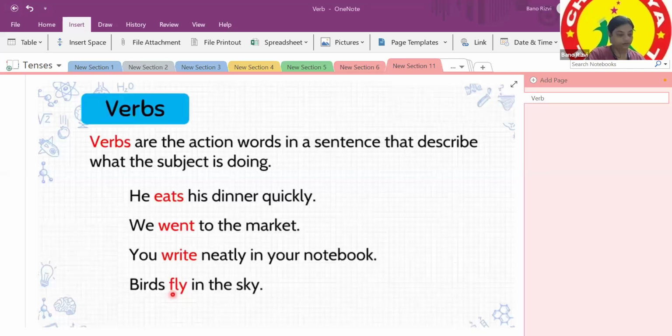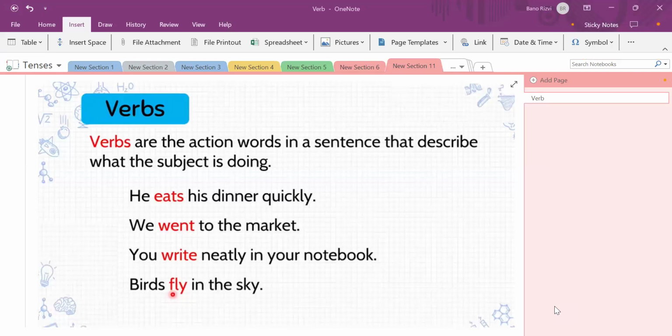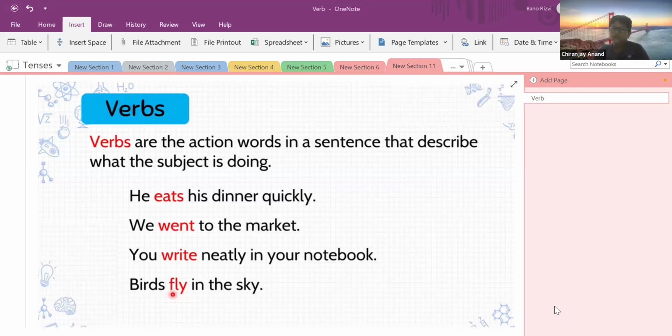Okay, I'm going to share my screen. You see my screen, right, Chiranjeev?